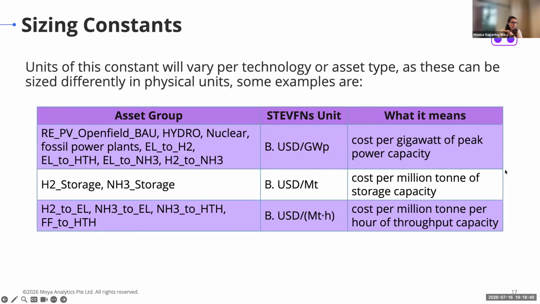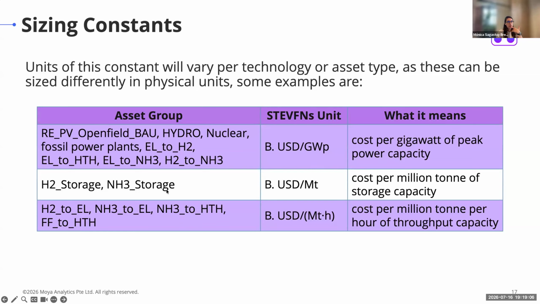And we have some examples of units here. There are different units depending on what you're modeling. For example, for PV and hydro, we generally have values of money, so US dollars per capacity installed. In Stevens, we have these magnitudes, so $1 billion per gigawatt peak.